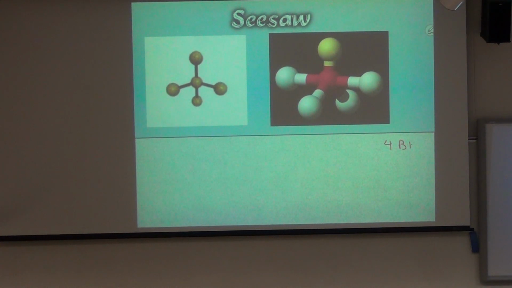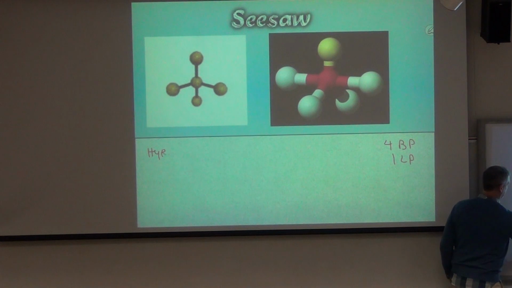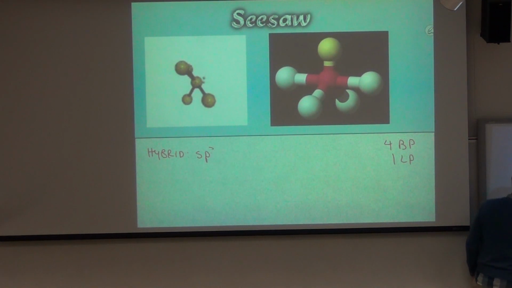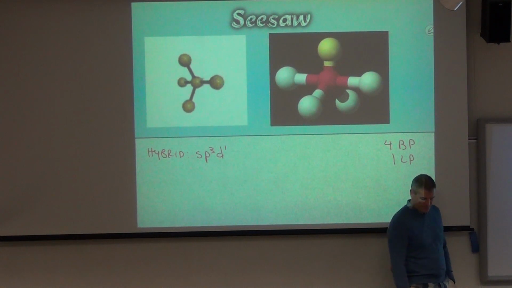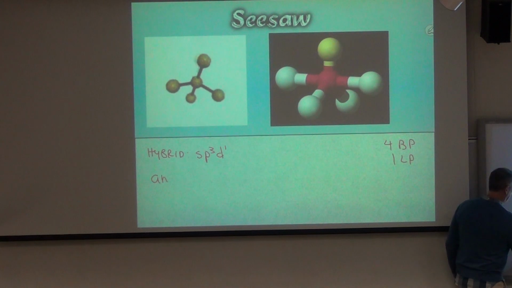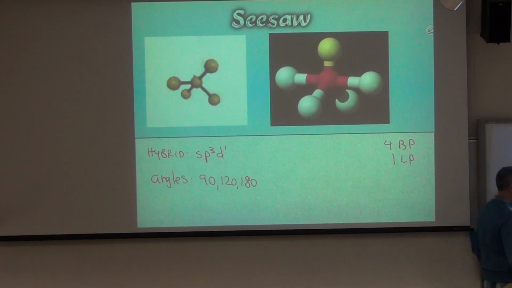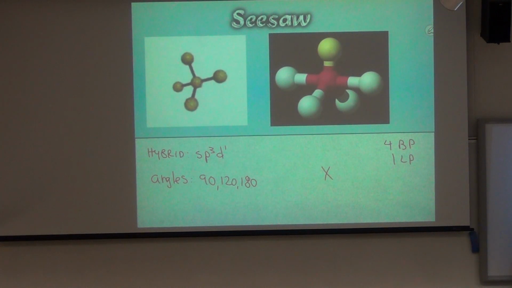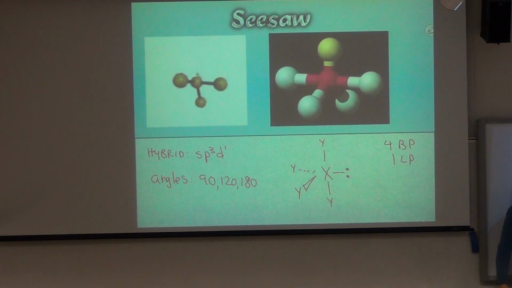So for that guy, we're going to have 4 bonding pairs, 1 lone pair. sp3d, same hybrid within a given steric number. I actually didn't mean to draw that line, but it doesn't let me erase it.